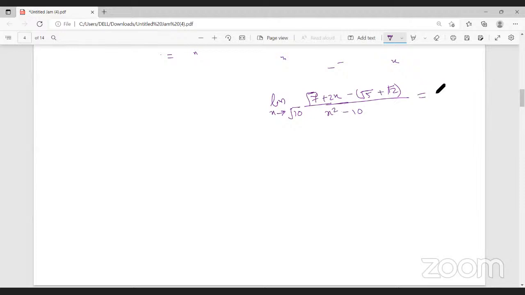It will reach infinity. If you put x equal to root 10 in x square minus 10, it will be 0, right? Here I will get a particular value. It tends to infinity, right?